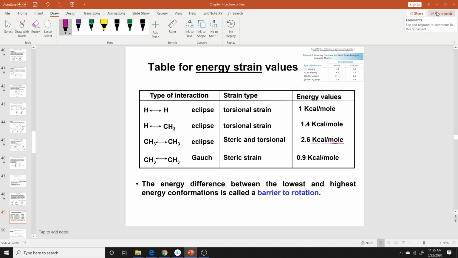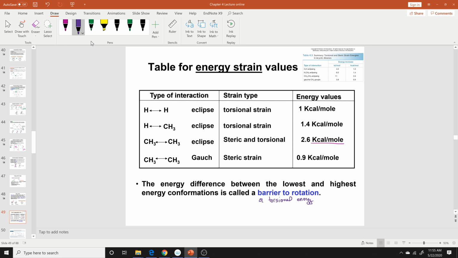When I ask you to calculate the barrier to rotation, or another name for it, the torsional energy, all you need to do is use this table and calculate the energy difference.